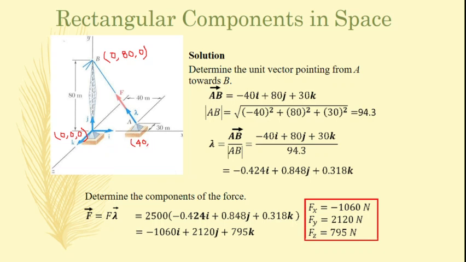In y direction the displacement is 0, that is why here it is 0. And in z direction, in this direction z is positive, in this direction z is negative. That is why it is minus 30.